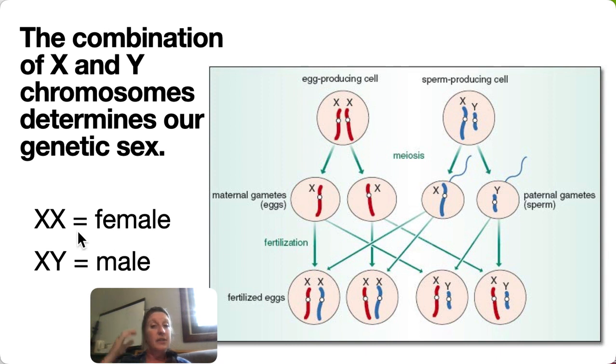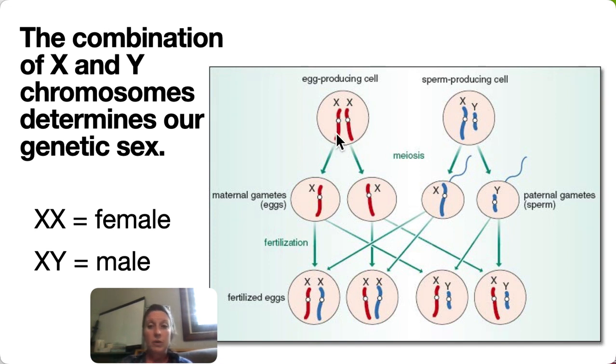So the simple version of the story is that two X chromosomes will give us a female offspring, and an X and a Y will give us male. It's worth mentioning that it's only the father, who has the Y chromosome, that determines the sex of the offspring.